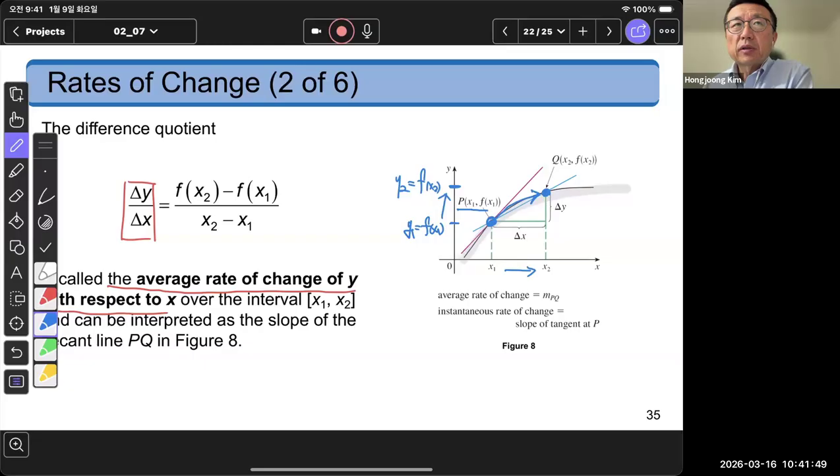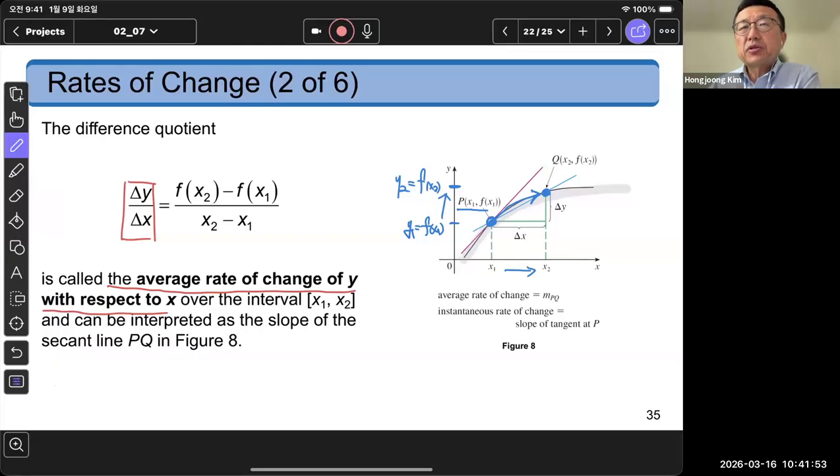So at that point, the delta y over delta x, the average rate of change, represents, so delta x is the difference in x values, and delta y represents the difference in y values.